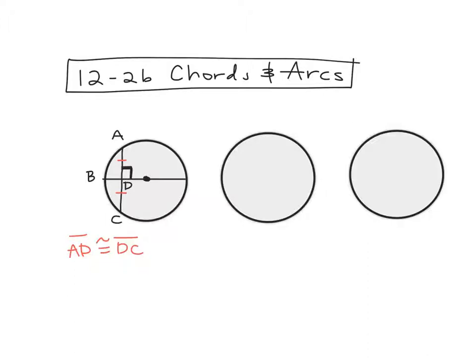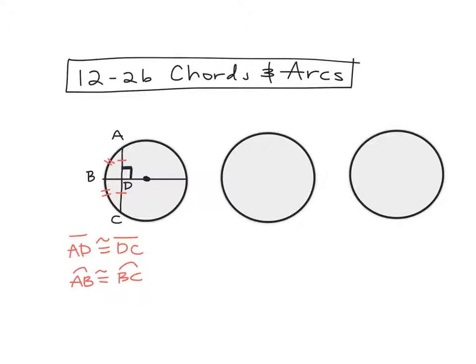Okay, and the arc got bisected as well. So arc AB is congruent to arc BC. Okay, so knowing the black stuff, therefore the red stuff is true. Okay, that's the first theorem.